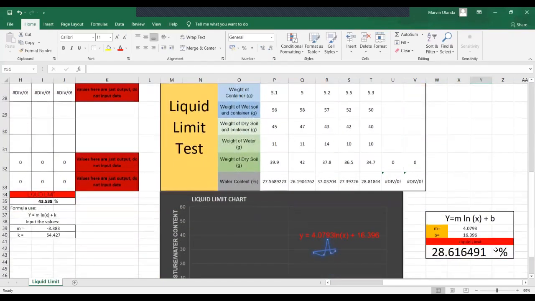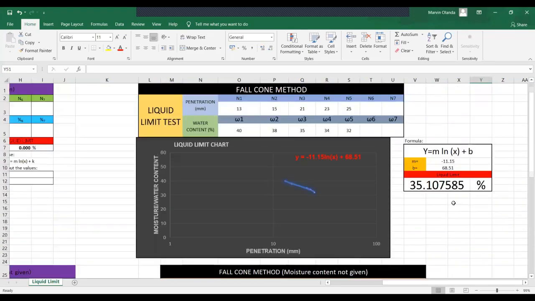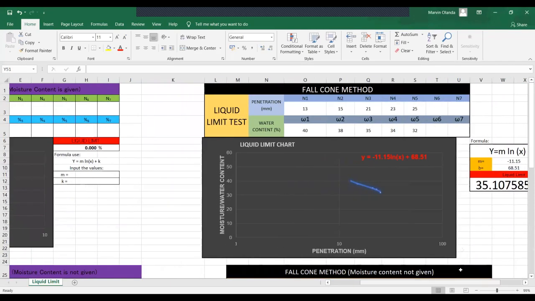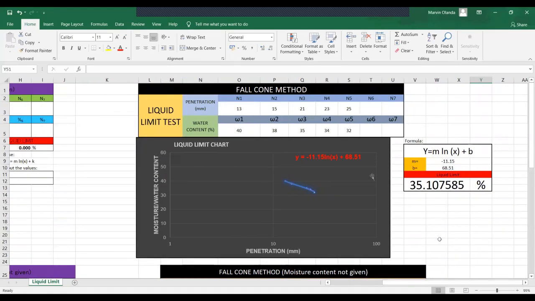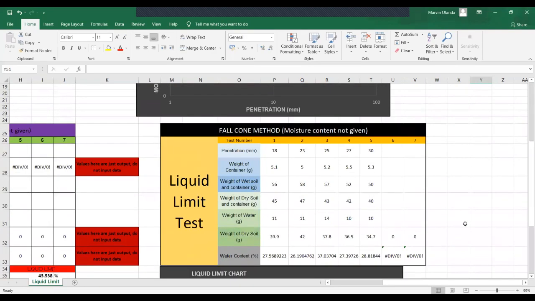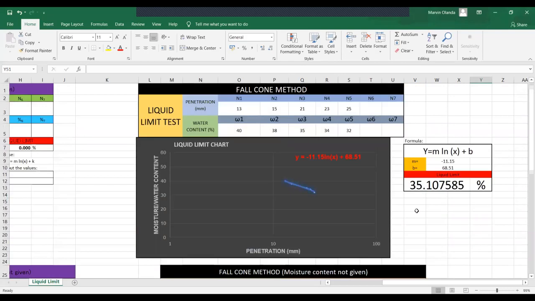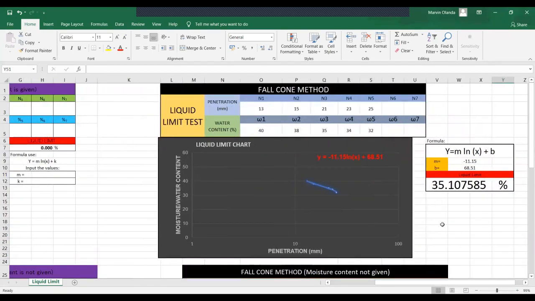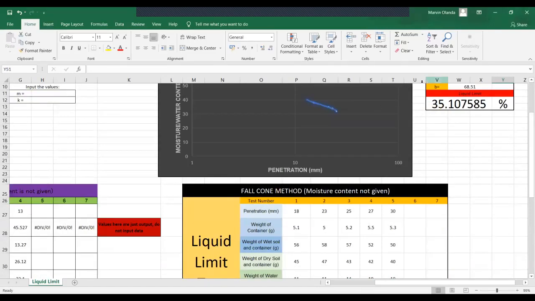Automatically we will get a liquid limit of 28.616%. I think that might be all. Anyway, our program is just easy to understand. Here I designed it for up to 7 trials, but I can extend it to as many trials as needed. Good day and thank you for listening.